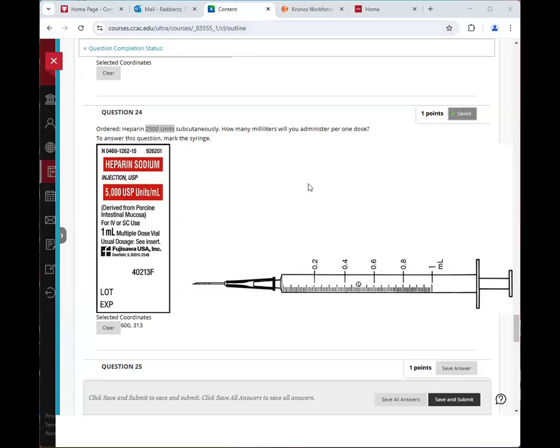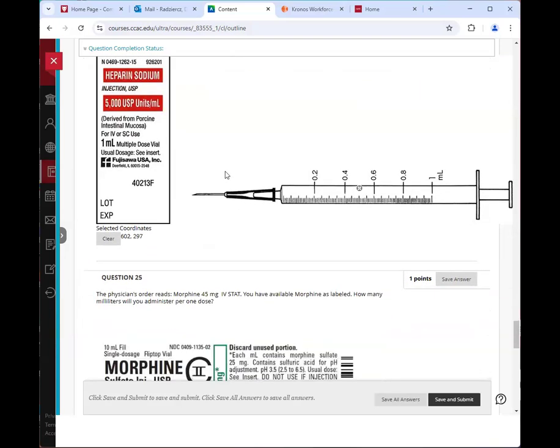I would not mark the clear space. I would mark the line. I don't know if they would. I don't know what the answer box is. So let's see. If I estimate, let's say I do it here, let's see if we get the right answer. If it gets marked wrong, then we'll know. But we can't do that.